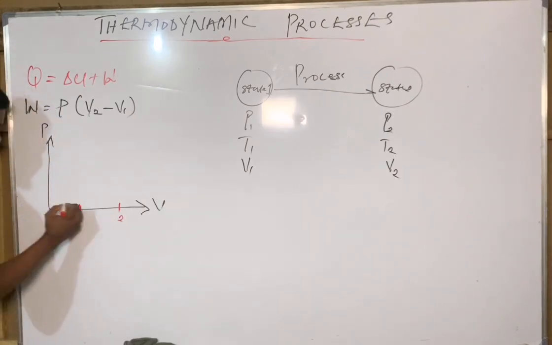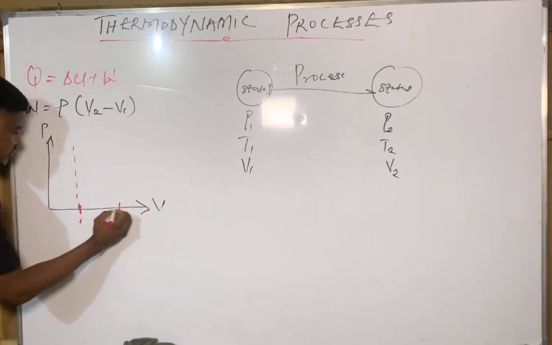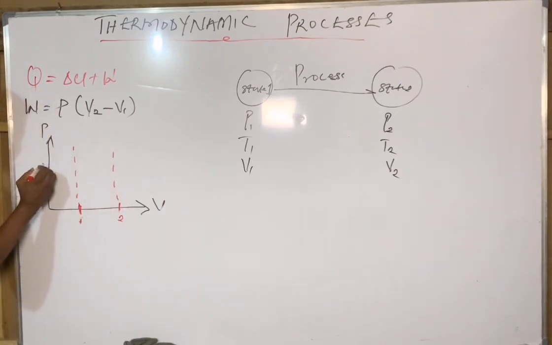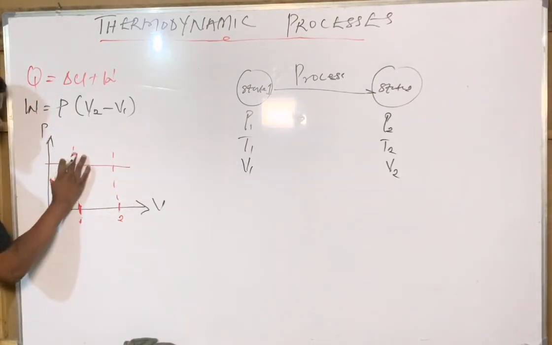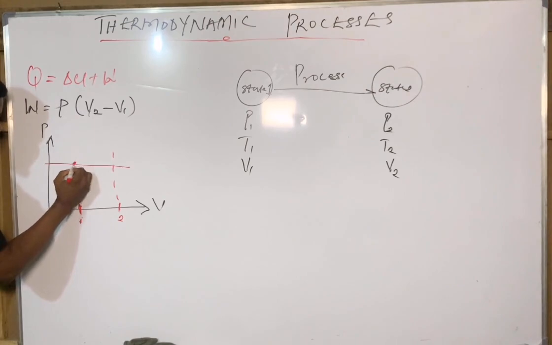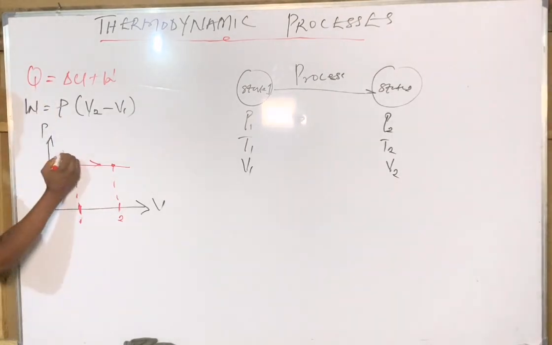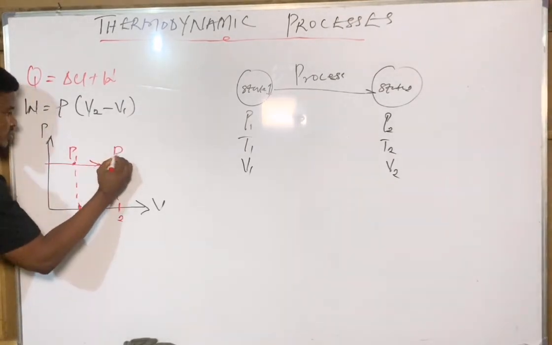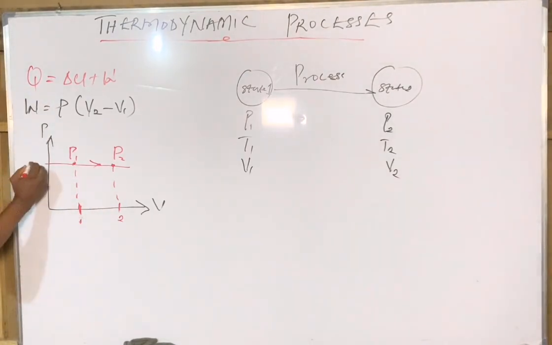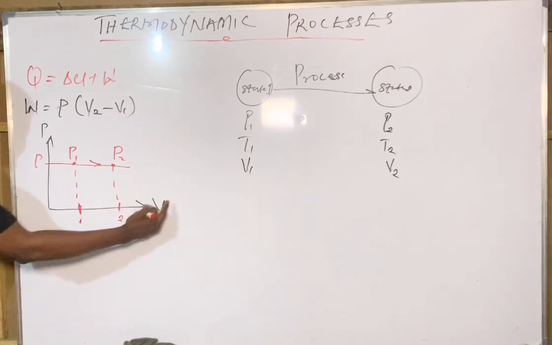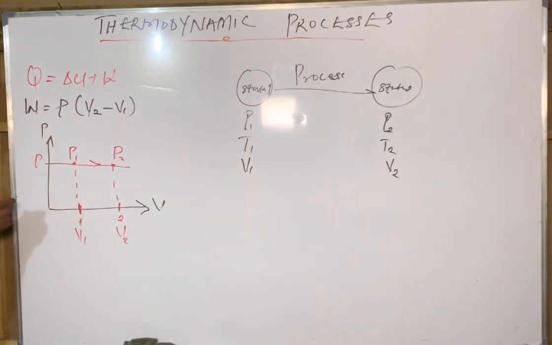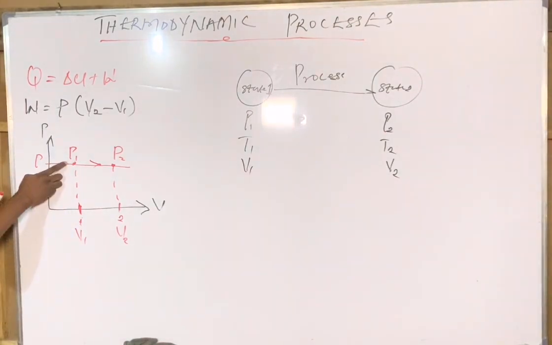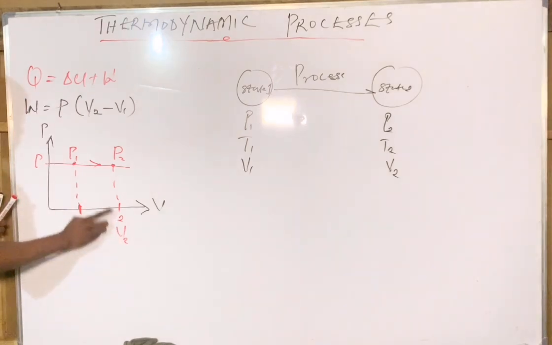You have volume at state 1, volume at state 2, but the pressure remains constant across. This is P1, this is P2, so you see that there is no change in pressure. This is the pressure axis, this is the volume axis. So this is our first volume V1, this is our second volume V2. The pressure at volume V1 is simply P1, and the pressure at volume V2 is simply P2.